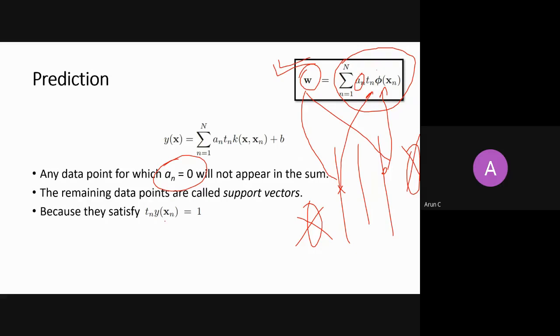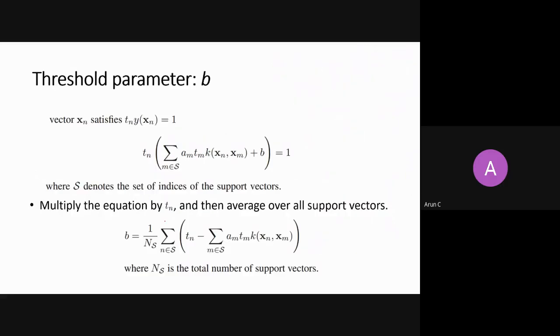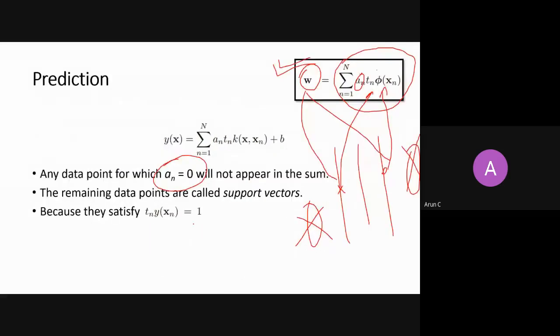Fine. Okay, then let's do the prediction. To do a prediction, you need to see the support vectors. Let's say you have some m support vectors. Then this summation will go not to n but only till m, taking only those m support vectors, with am and tm.